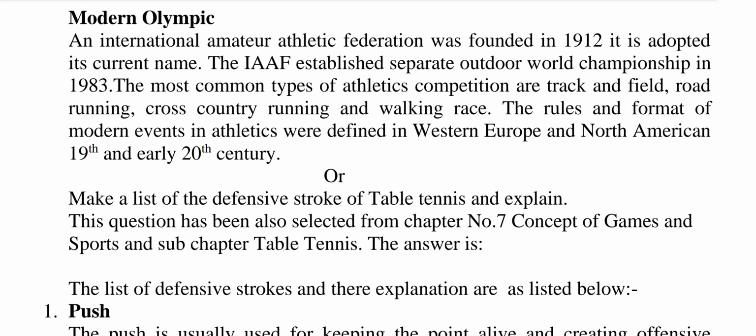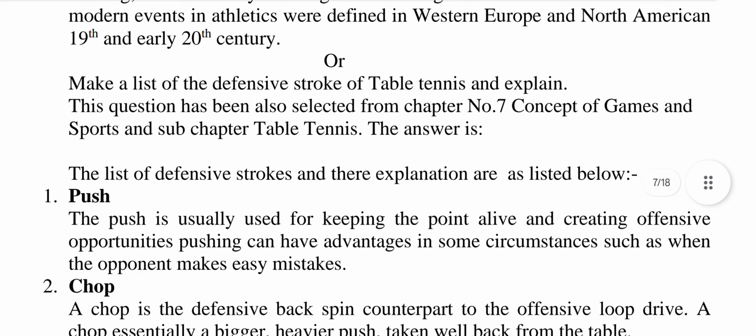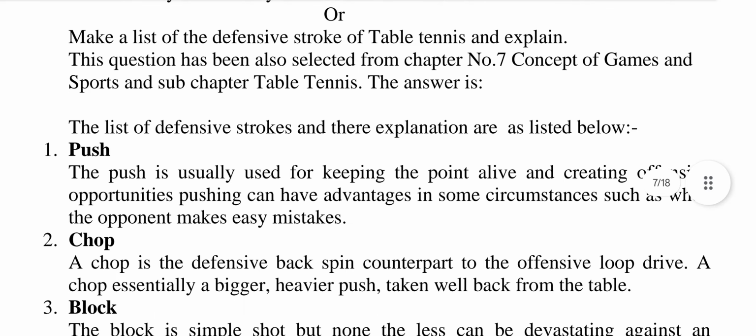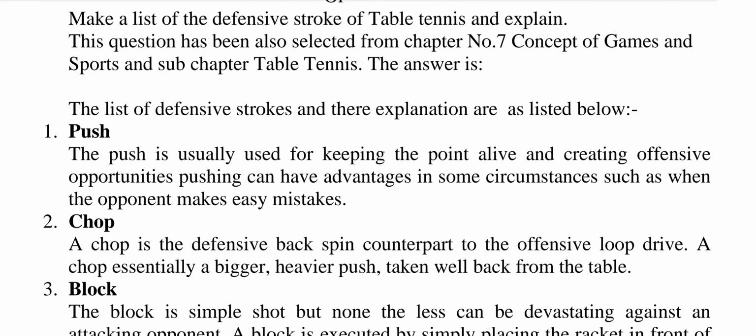Or make a list of the defensive strokes of table tennis and explain. This question has also been selected from chapter number 7, Concept of Games and Sports, and subchapter Table Tennis.